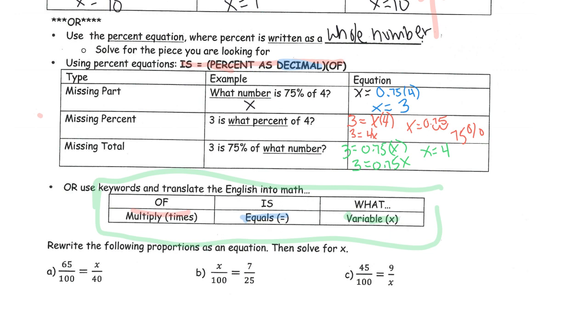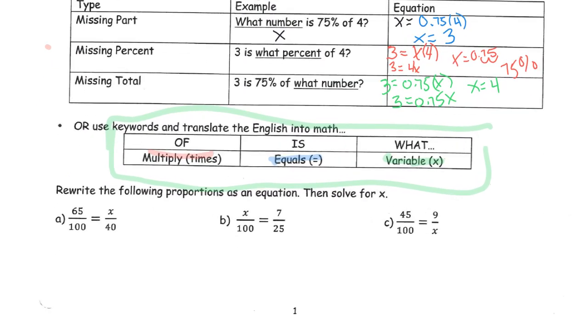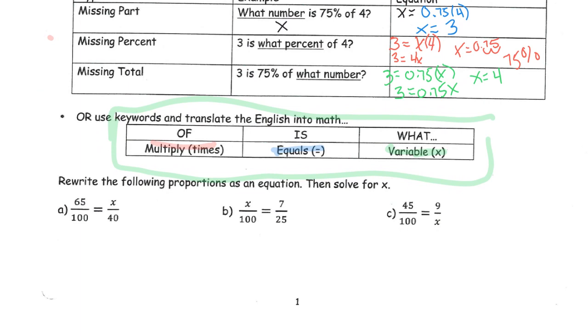Rewrite the following proportion as an equation and then solve for x. How would I write this as an equation? I would do this by cross multiplying. We're going to cross multiply and then solve.